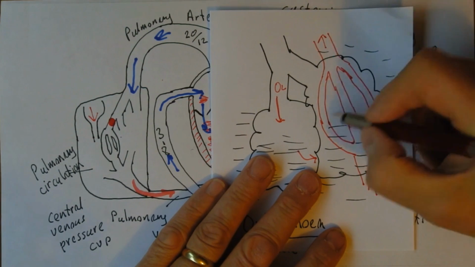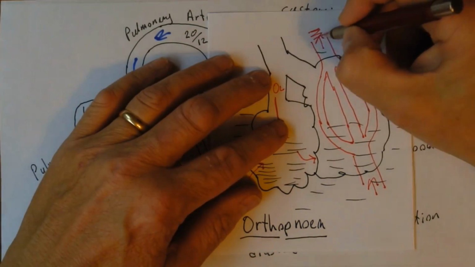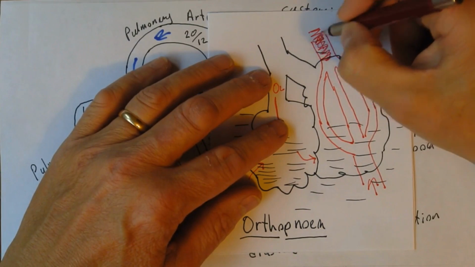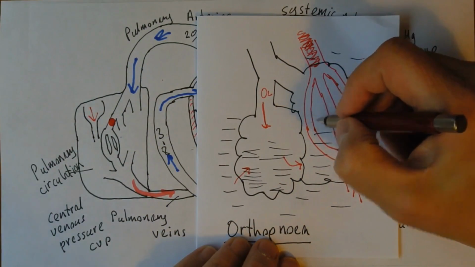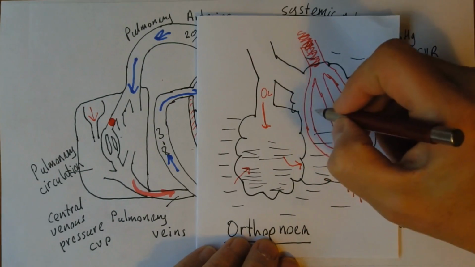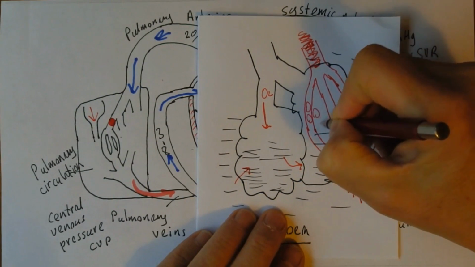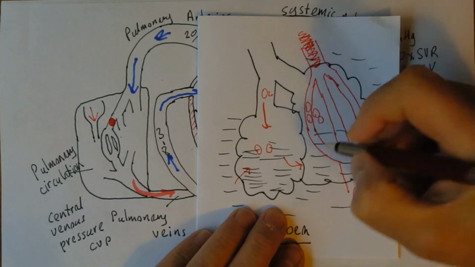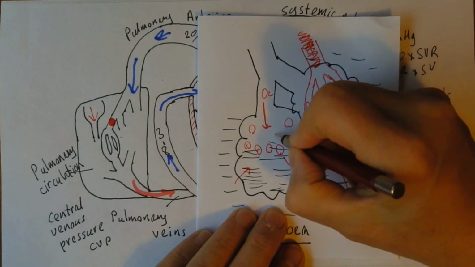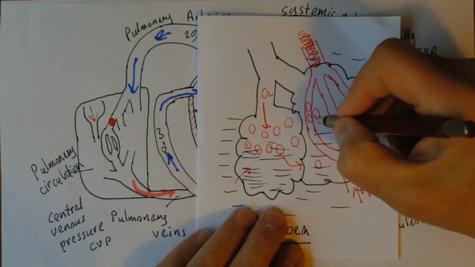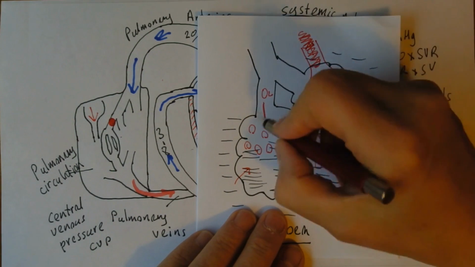But if the pressure here is greatly increased, because there's back pressure here now, because of the acute left ventricular failure, the pressure is greatly increased in here. We're going to get the pulmonary edema, but if the pressure is very increased, that can actually burst some of these blood vessels and the red cells will leak out. So we'll end up with red cells in the alveoli because of the severely increased hydrostatic pressure in the pulmonary capillaries.